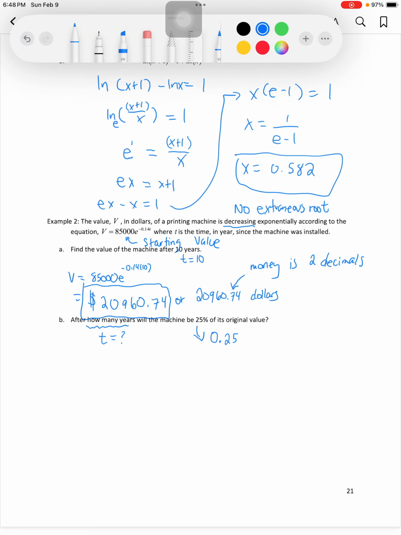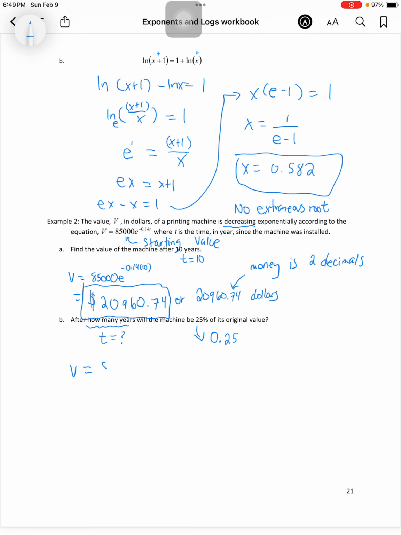So anyway, continuing on. Here, we're going to multiply something by 0.25. So we know our equation is V equals 85,000 e to the negative 0.14 t, and we're looking for t. So 25% of its original value.